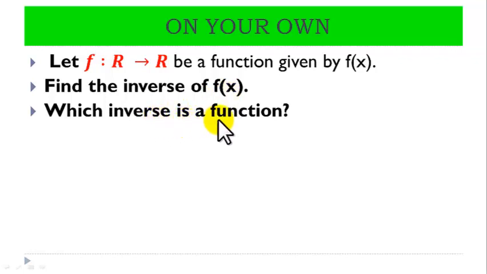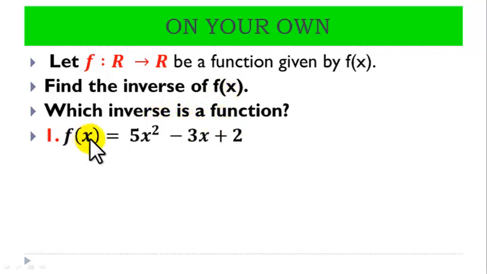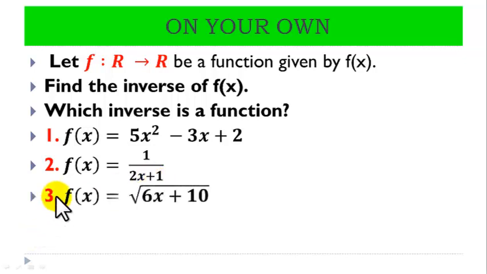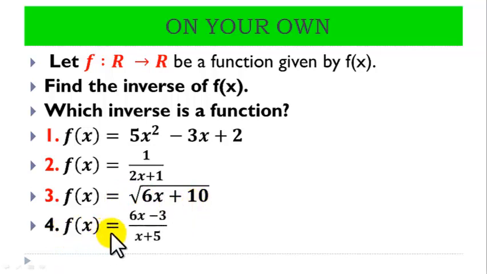Which inverse is a function? 1. f of x is equal to 5x squared minus 3x plus 2. 2. f of x is equal to 1 all over 2x plus 1. 3. f of x is equal to the square root of 6x plus 10. And 4. f of x is equal to (6x minus 3) all over (x plus 5).